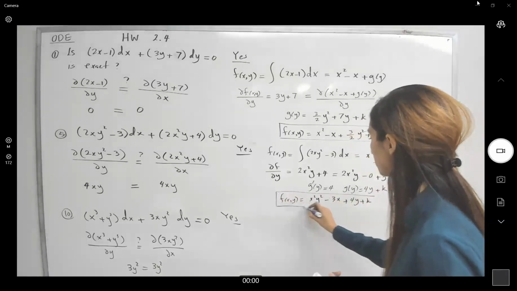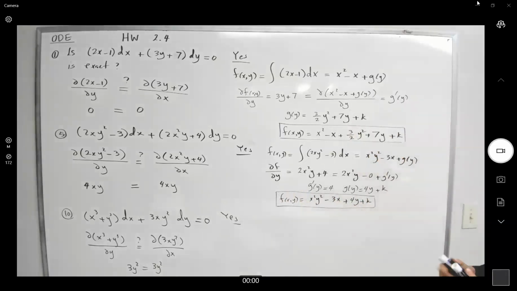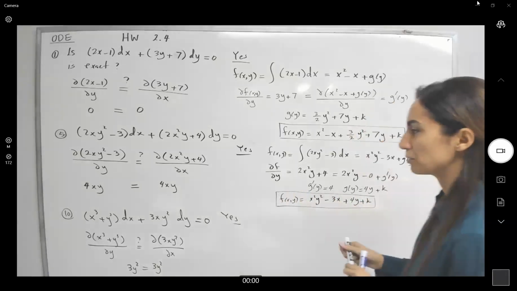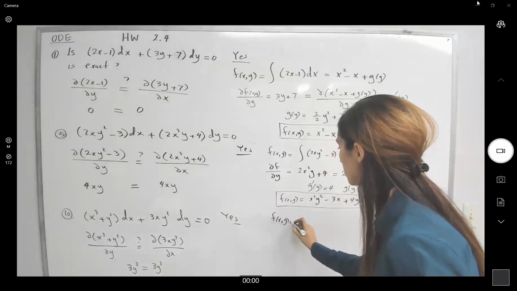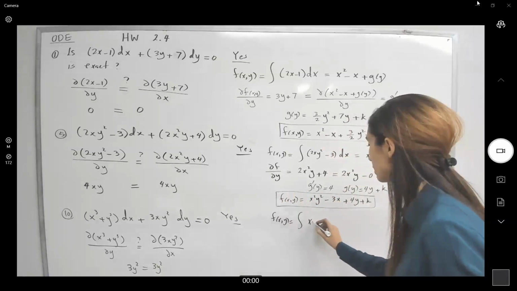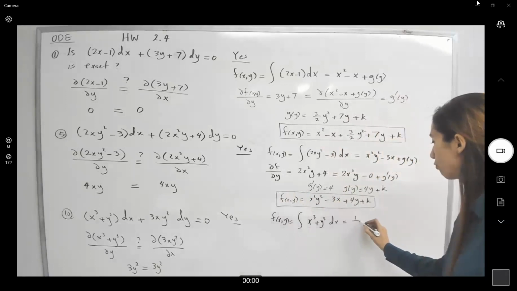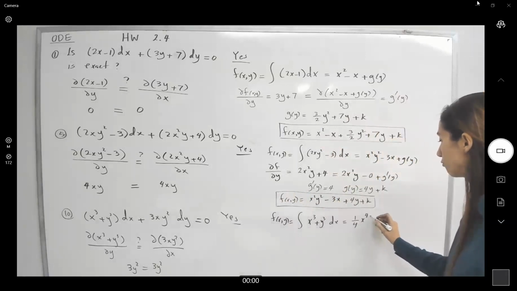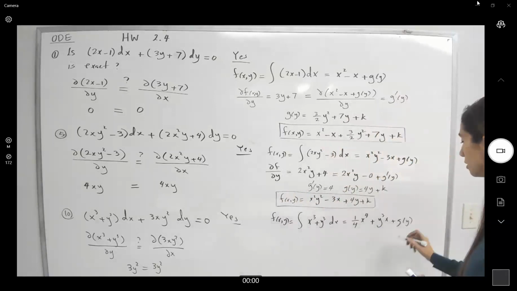Remember that in multivariable calculus class, we use this method to find the potential function. Here, f of x and y is equal to the integral of m dx. So we get the integral of x cubed plus y cubed dx, which is 1/4 x to the fourth plus y cubed x plus a function in y.